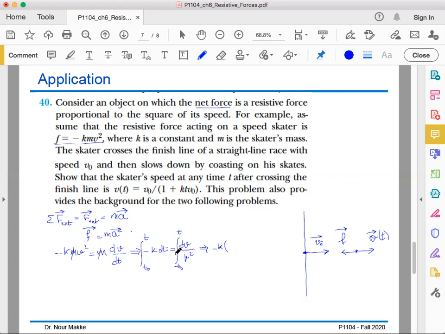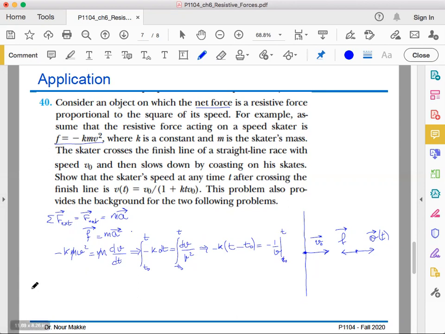Integral of dt is just t, so we end up with t minus t0. The integral of 1 over v squared is nothing else than minus 1 over v, integrated between the time t0 and the time t.